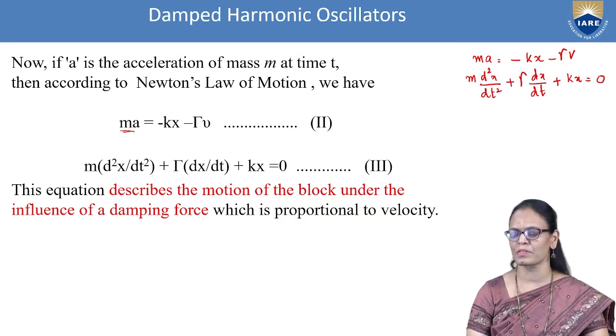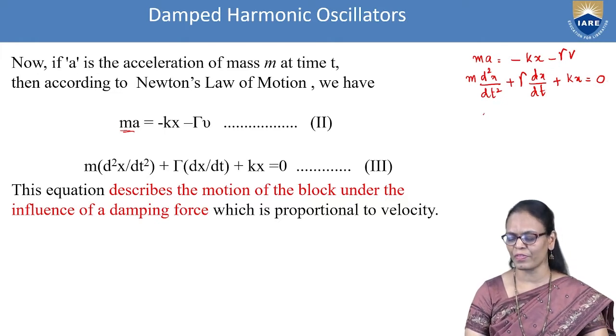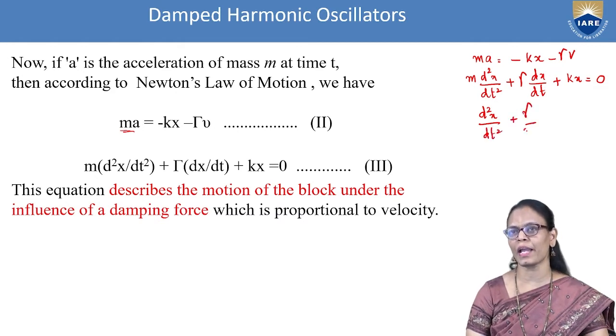So it becomes 0. Now dividing throughout with m, we get d square x by dt square plus gamma by m into dx by dt plus k by m into x.